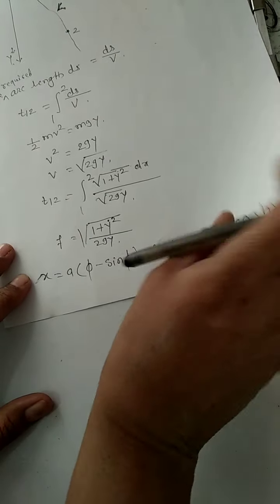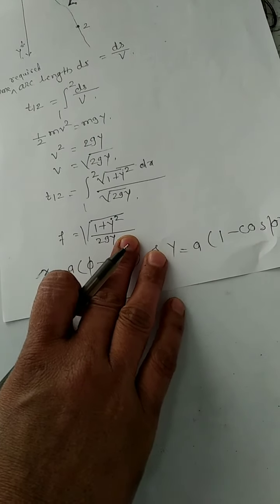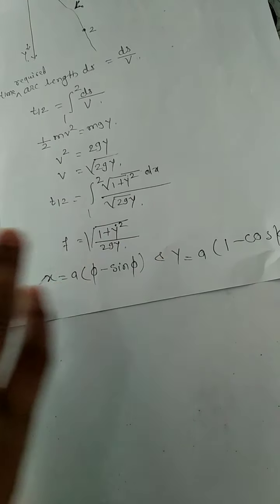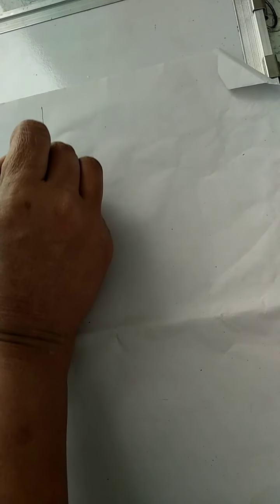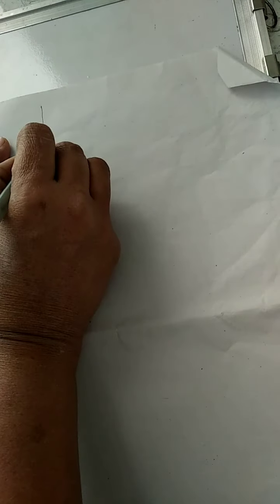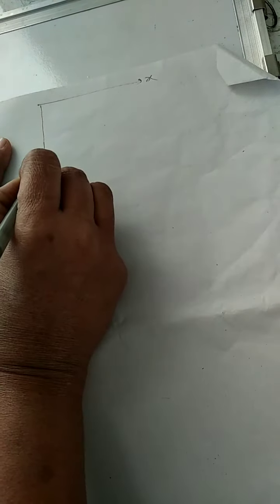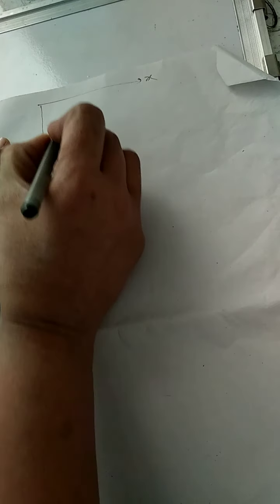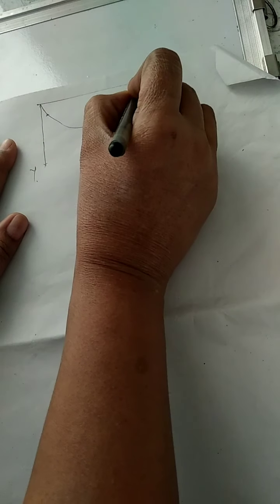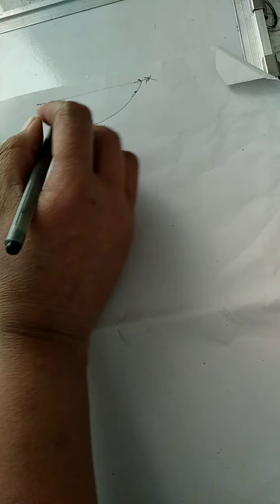We draw the diagram for this: this is the y-axis and that is the x-axis, and the two points are point 1 and point 2, with the curve passing through them.